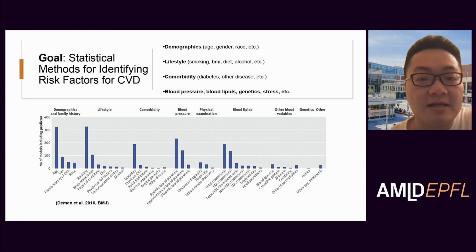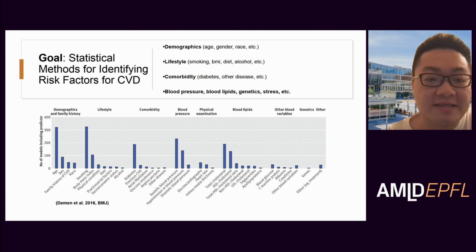The last class, which was not included in the first 3 classes but is also important, includes blood pressure, blood lipids, and some genetic information. More interestingly, we also want to study the stress from working environments. So we want a systematic statistical framework to identify which of them are important for causing or reducing CVD.